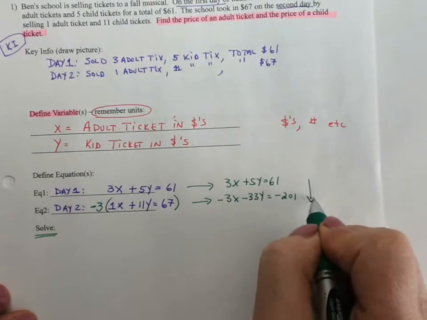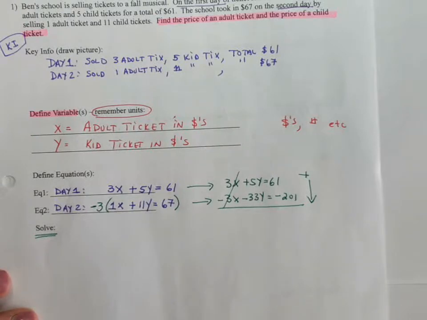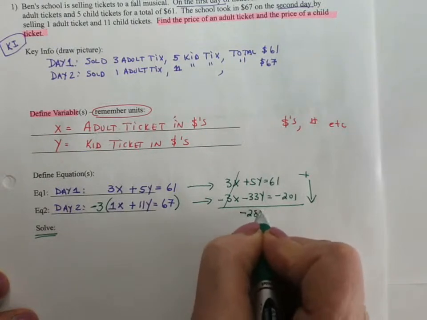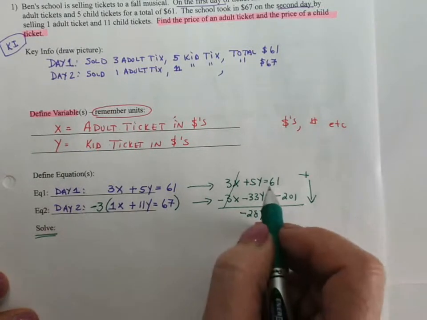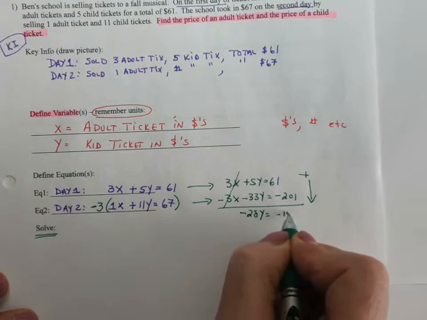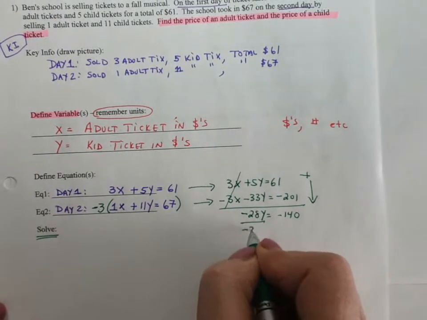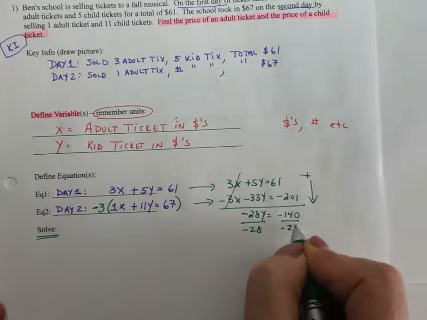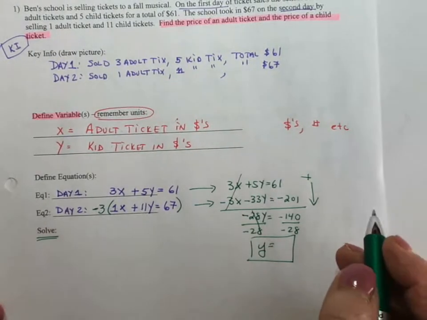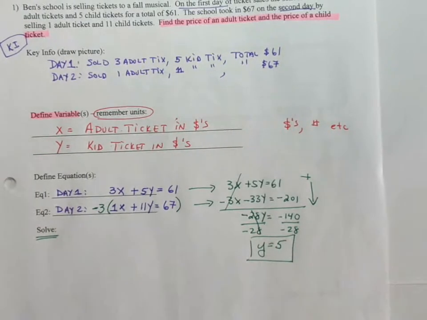We add down, and notice the x's are eliminated. 5 minus 33 is negative 28y. 61 minus 201 is negative 140. Divide both sides by negative 28. I get y is equal to, 28 goes into 140 5 times.